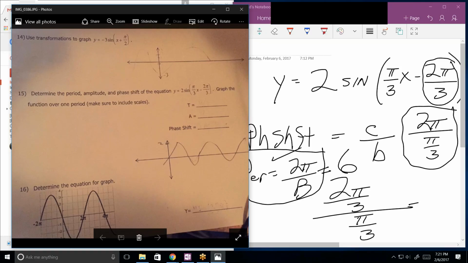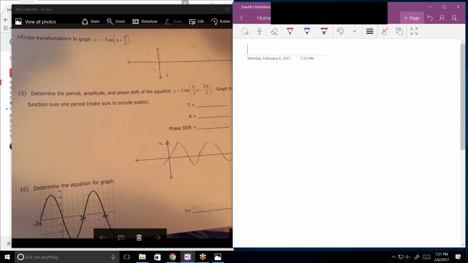Let's look at 16. We've got just probably enough time to look at 16. This is going the other direction. This is where they give you the graph and you have to come up with the equation. The secret is to figure out what A, B, C, and D are. Well, there's no phase shift if you use a negative sine curve.